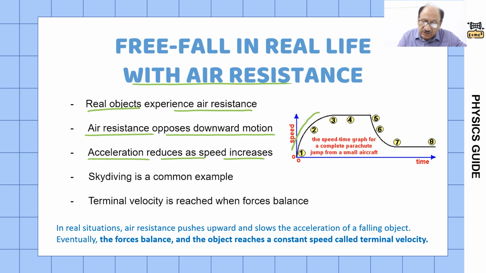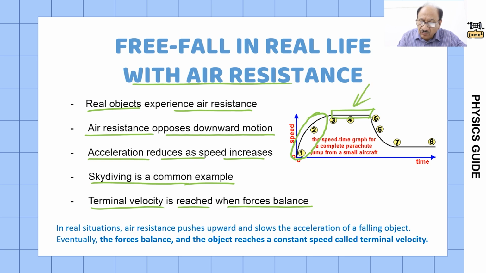For the first section, acceleration is decreasing and the speed is increasing. Skydiving is a common example. Terminal velocity is reached when forces balance. So from 3 onward up to this position, the horizontal line is giving the terminal velocity.